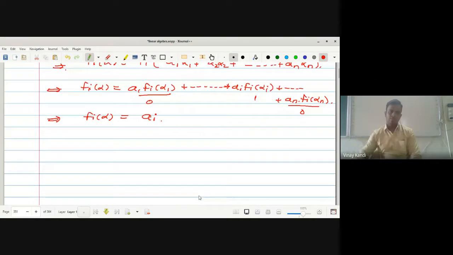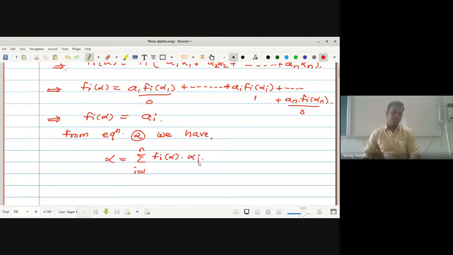Okay, so from equation 2, alpha is equal to summation i running from 1 to n, fi of alpha into alpha i. Hence the proof. Any doubt up to here?